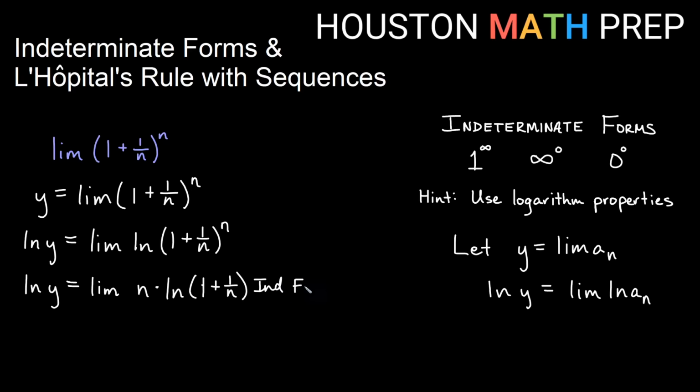So what you'll notice with this product, when we had 0 times infinity, we just wrote this as a quotient. So what we'll do is actually make the reciprocal of one of these and put it in a denominator. This n looks simpler than this, so I'm going to go ahead and make the reciprocal of this. So this is kind of the opposite of what you normally think of when dealing with fractions.